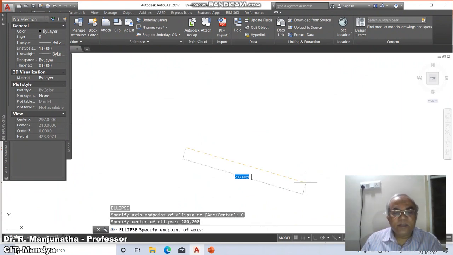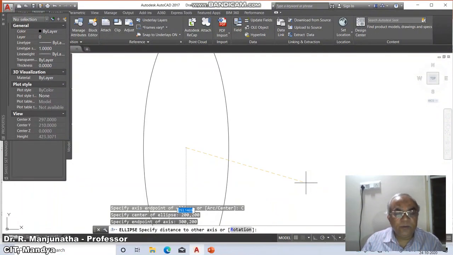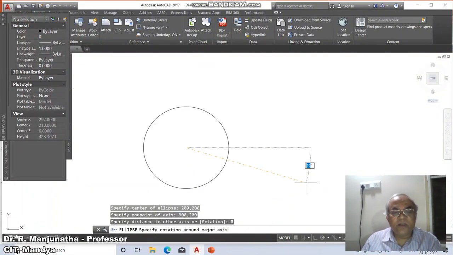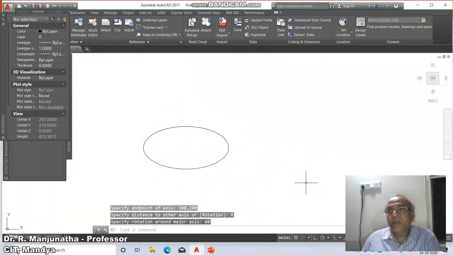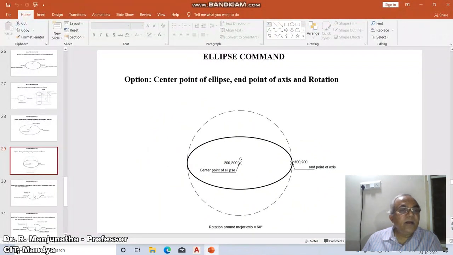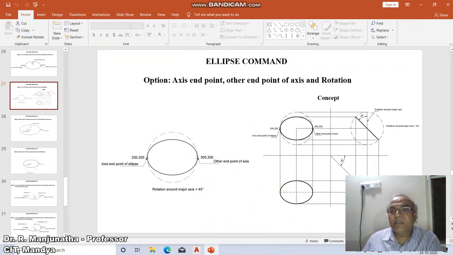Then specify the endpoint of the axis, 300, 200. Then we are going to use the rotation. The rotation with respect to this is going to be 60. So it is going to draw the ellipse. Again, the rotation angle, instead of taking 45 degrees, we have taken 60 degrees, so that this is going to be reduced and it is going to draw this value.